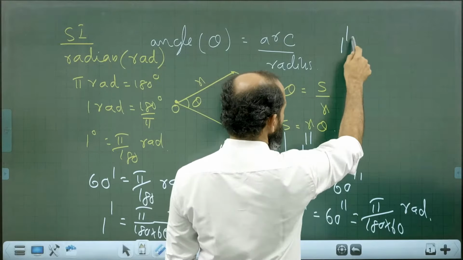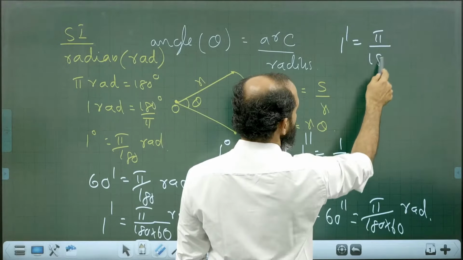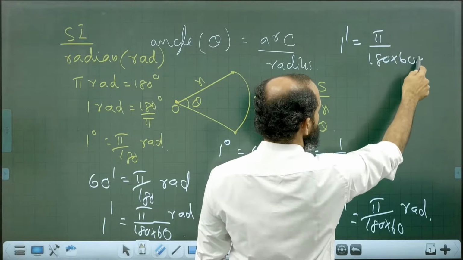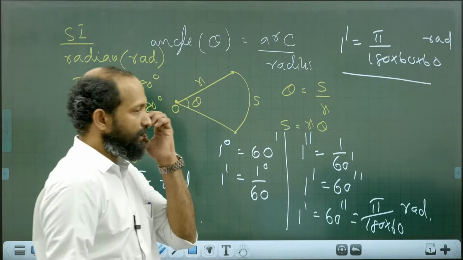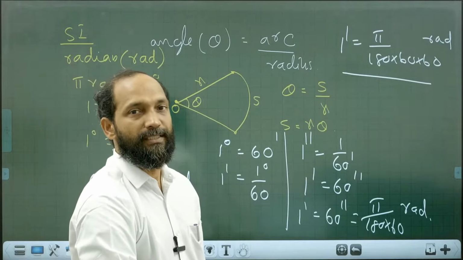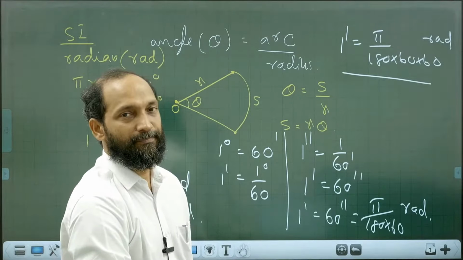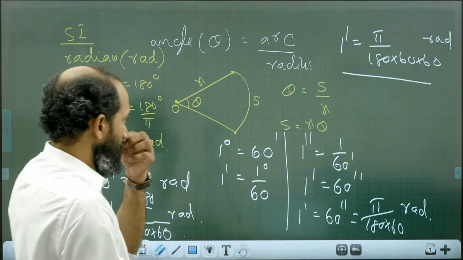So 1 second is equal to pi divided by 180 into 60 into 60 radian. In these ways we can convert second, minute, degree, radian. Okay, so that is important.